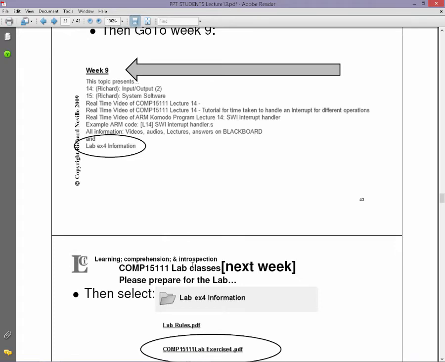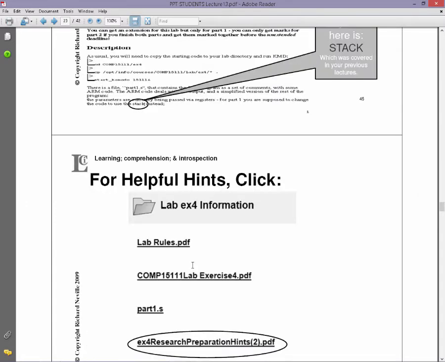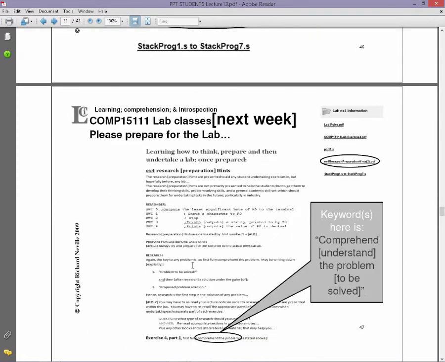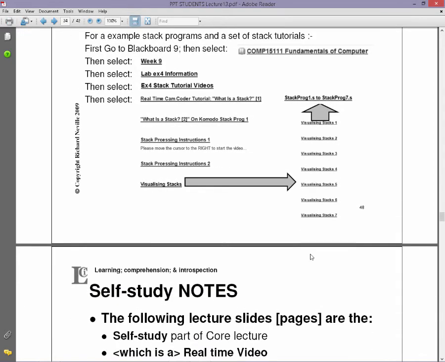So it shows you where you can get lab exercise information for the next week, which will probably be covered in the course, and it shows you where you can get the hints as well. It also starts pointing out what the hints look like. It gives you best advice on where to go when, remember, some of the lab exercises in the labs are quite complex, and it shows you where a lot of videos have been produced to help you through your learning curve of understanding what a stack is in this case.